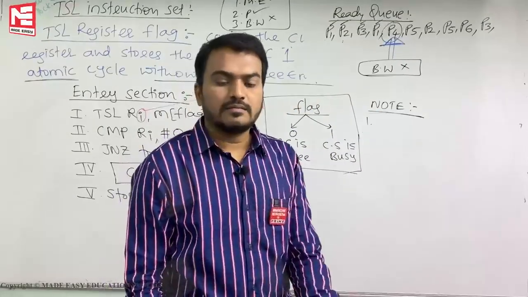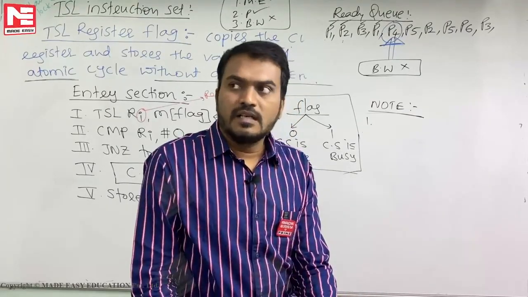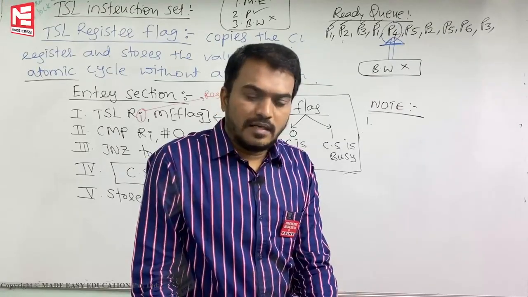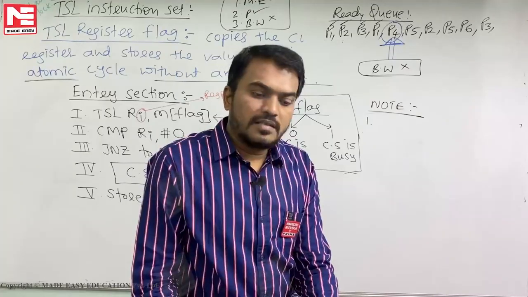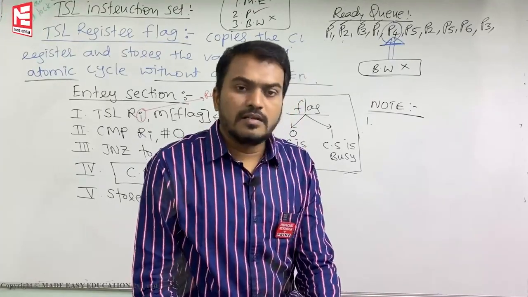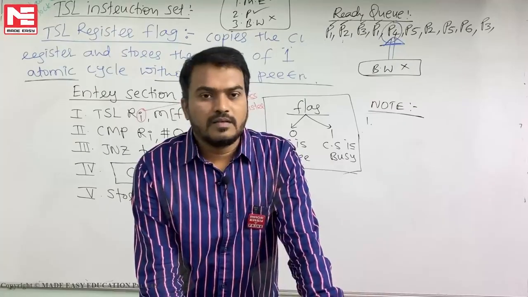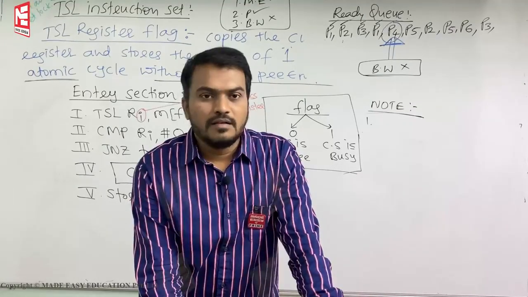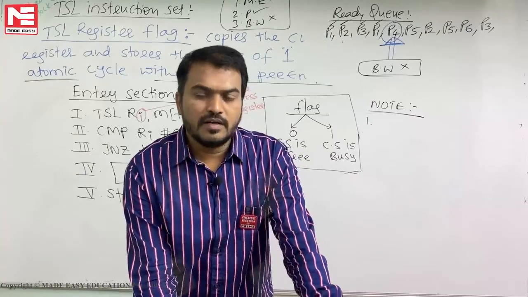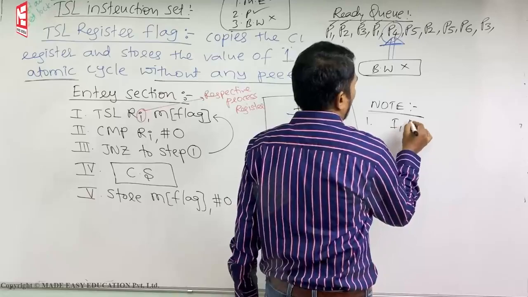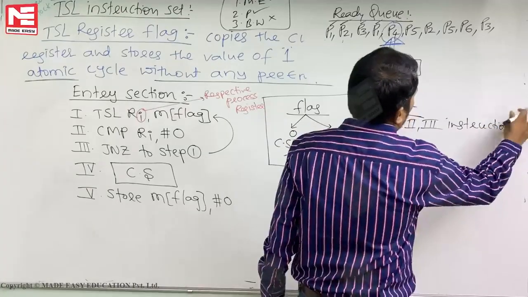If some process is in the critical section, then all the other processes which are trying to enter into critical section will be repeatedly checking for 1 2 3 instructions. यहाँ पे लिख रहा हूँ, like this, 1 2 3 instructions. समझते हुए लिखो, simple.